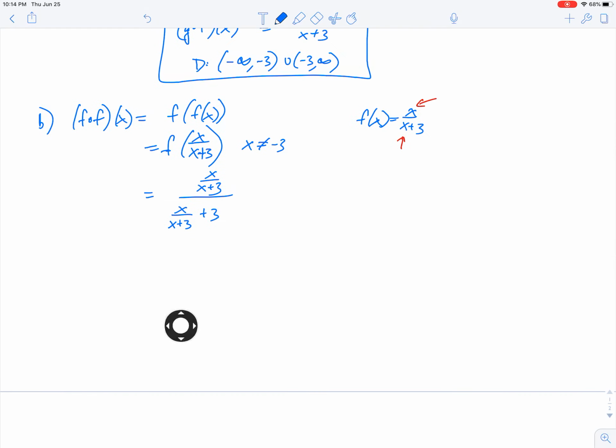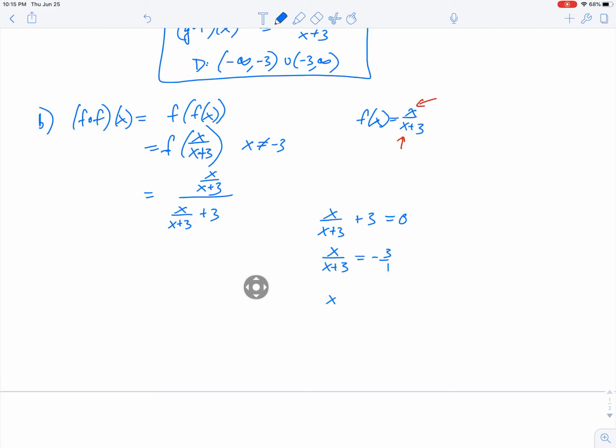So let's do that off to the side right now. We require that x over x plus 3 plus 3 not be 0. Let's first set it equal to 0 and then exclude that value, because we don't want it to be 0. That would occur when x over x plus 3 is equal to negative 3 over 1.